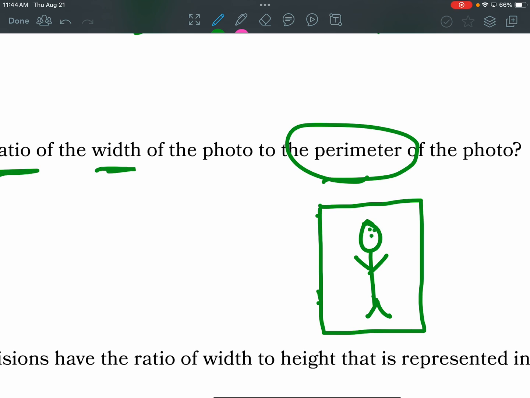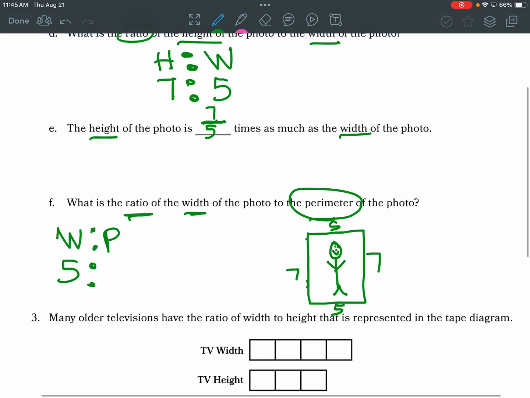Ooh, look at my art. Hi, Bob. One side plus one side plus one side plus one side. So we got 5, 7, 5, 7. If we add all those up, what is our total? 24. So our perimeter is 24.